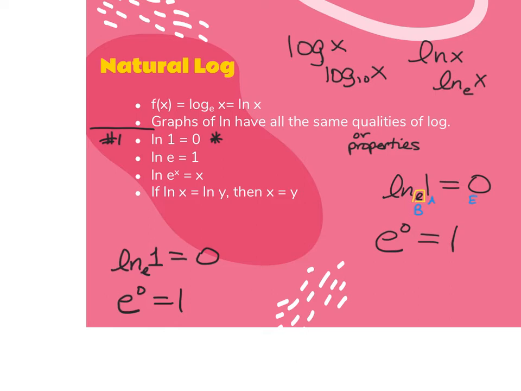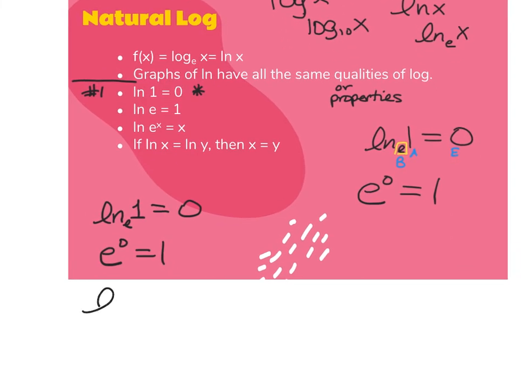So when we're doing the next slide and we're asked to simplify or solve for a variable, anytime you see ln 1, you could replace that and put in a 0, do a substitution. That's the first property. And we know that because anything to the 0 power equals 1.